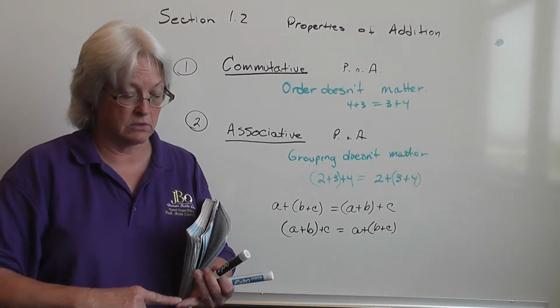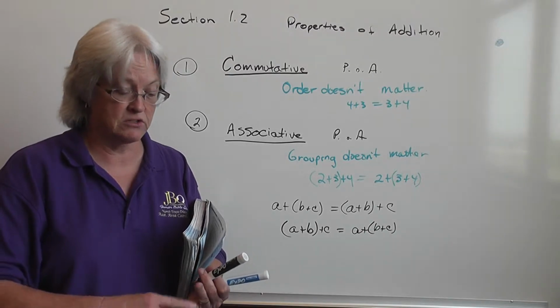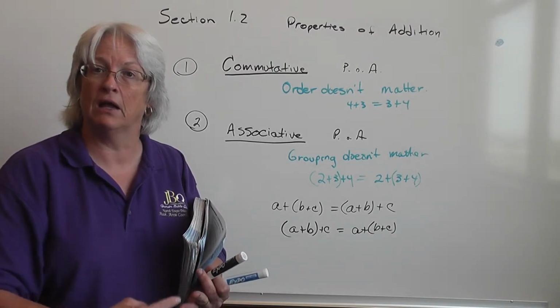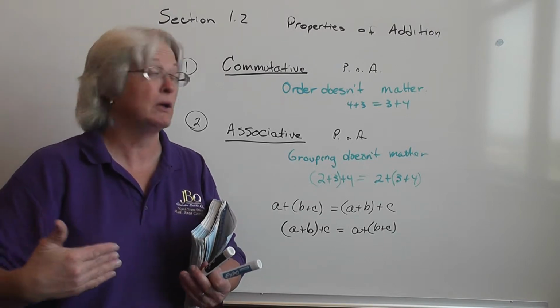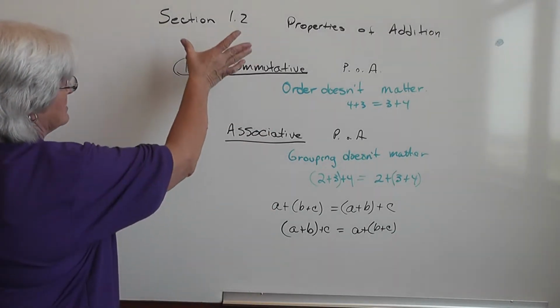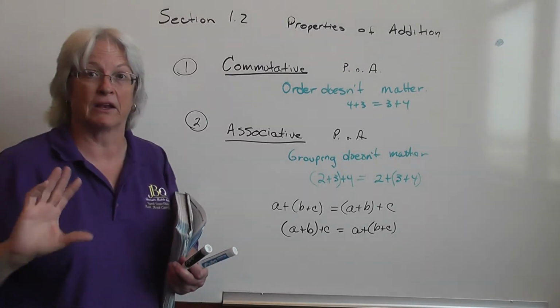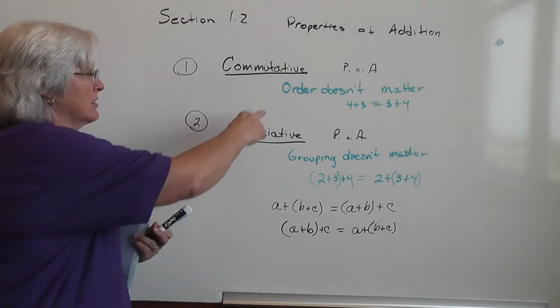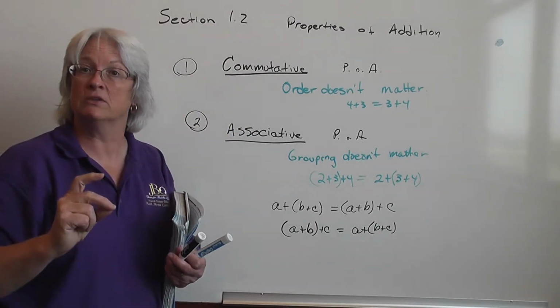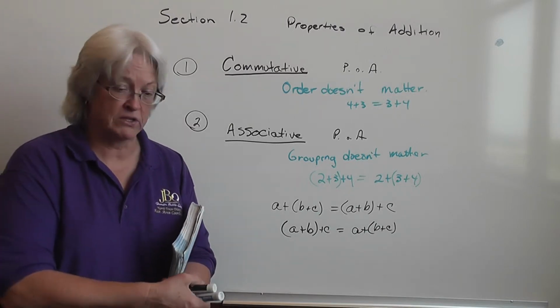The verse, which I can't call the reference to right now, says Jesus Christ is the same yesterday and today and forever. That's a property. It's a consistency. He doesn't change. So the properties that are available in the world of math that God created, they don't change either. They have that same consistency. Commutative property of addition is always true. The associative property of addition is always true.